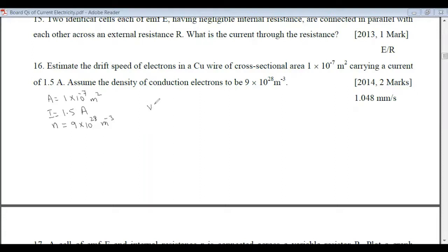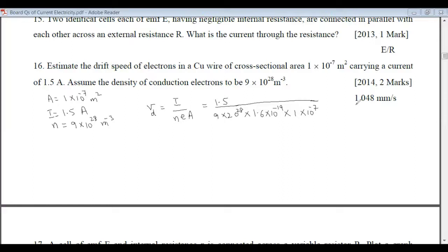We know that the drift speed in terms of I, n, e and A is given by I upon n, e into A. So substituting the values, 1.5 divided by 9 into 10 raised to the power 28 and the charge on the electron is 1.6 into 10 raised to the power minus 19 coulomb, upon the cross-sectional area which is given as 1 into 10 raised to the power minus 7.